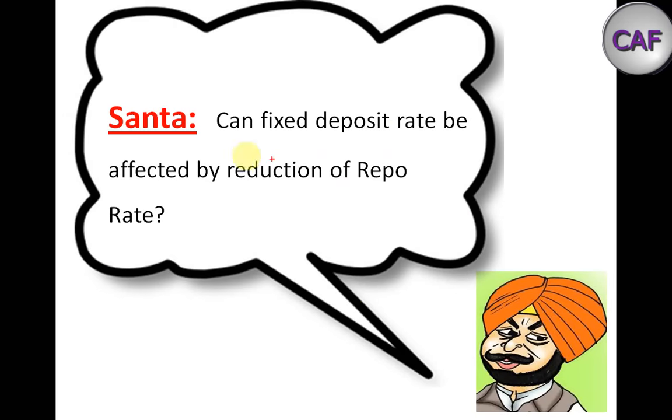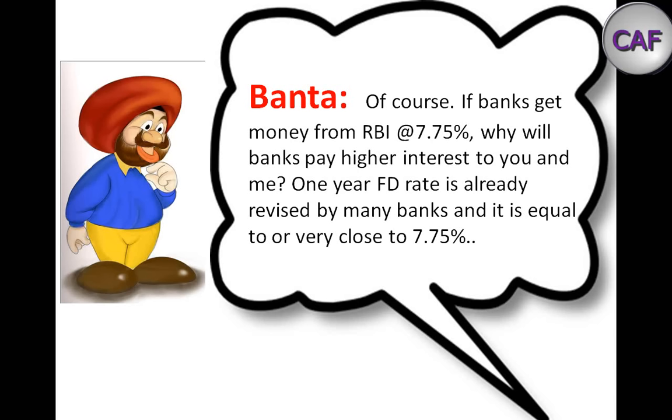So again, Santa asks: can fixed deposit rates be affected by a reduction of the repo rate? It is a very important question, guys. You must understand how to answer if someone asks this. The question comes from Santa and Banta is replying now.